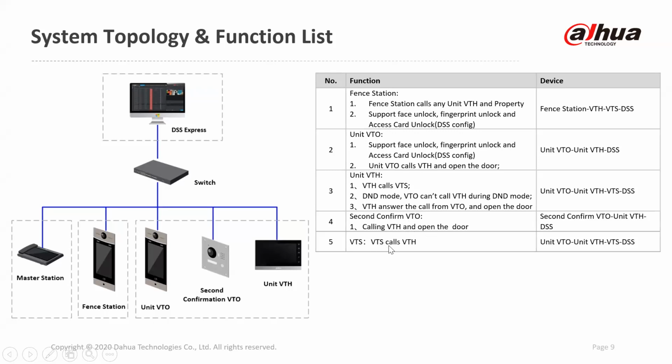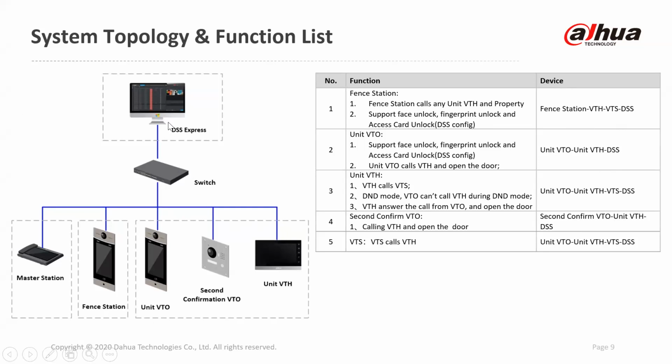The VTS calls the VTH. Then we have the fence station, VTH, VTS, DSS, the unit VTO, and the second confirmation VTO unit. It tries to tell you the functions and the devices.